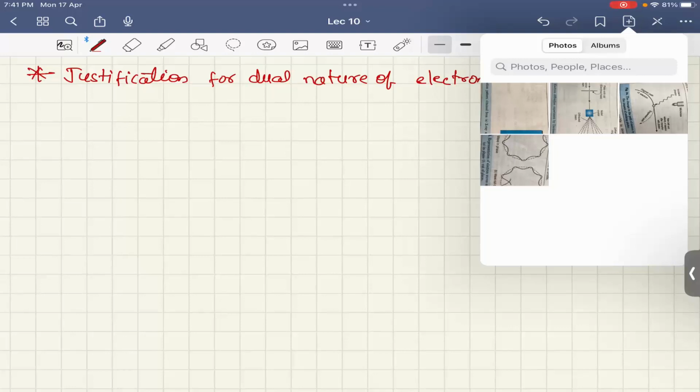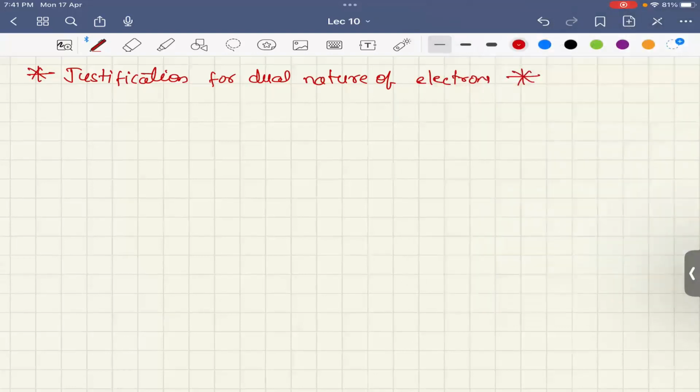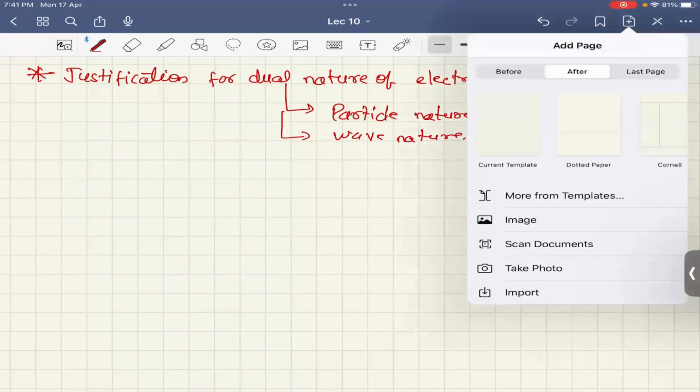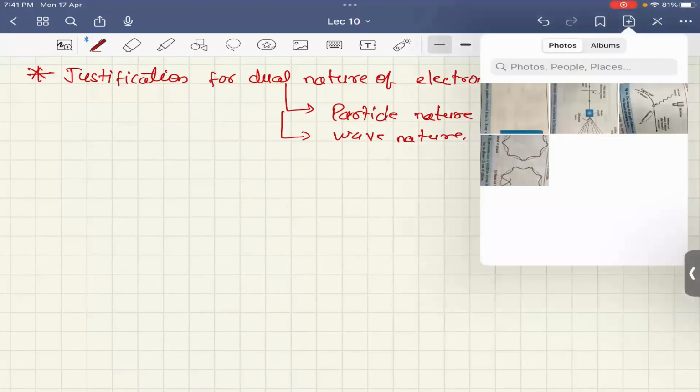Dual nature means we should have an experiment which correctly justifies that the electron is a particle, and at the same time another experiment which justifies that it has wave nature, right? So that is what we are going to study.